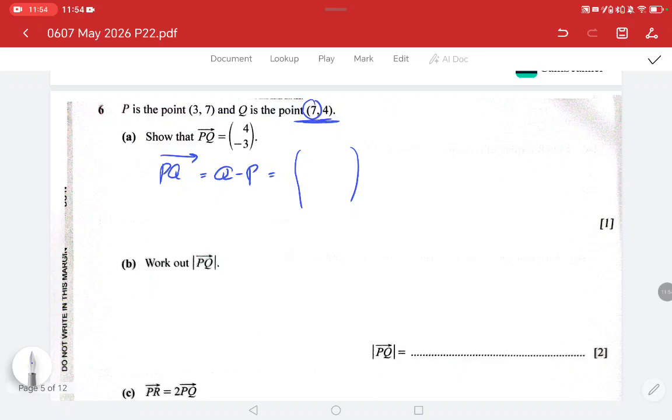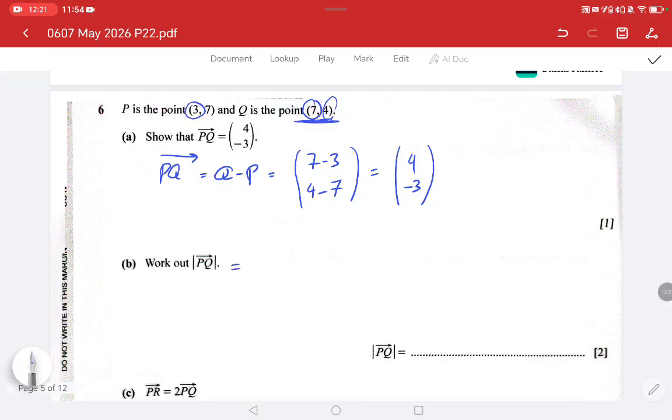So x values: 7 minus 3. And here y values: 4 minus 7. So the answer here is (4, -3).